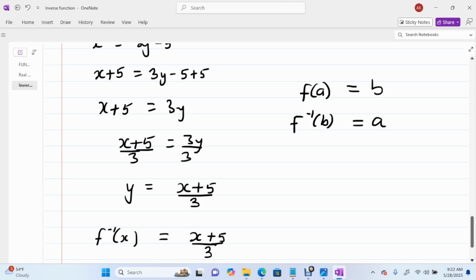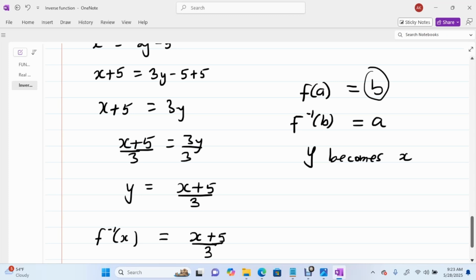So the output here becomes the input. So y becomes x. That's a core idea. The output becomes the input.